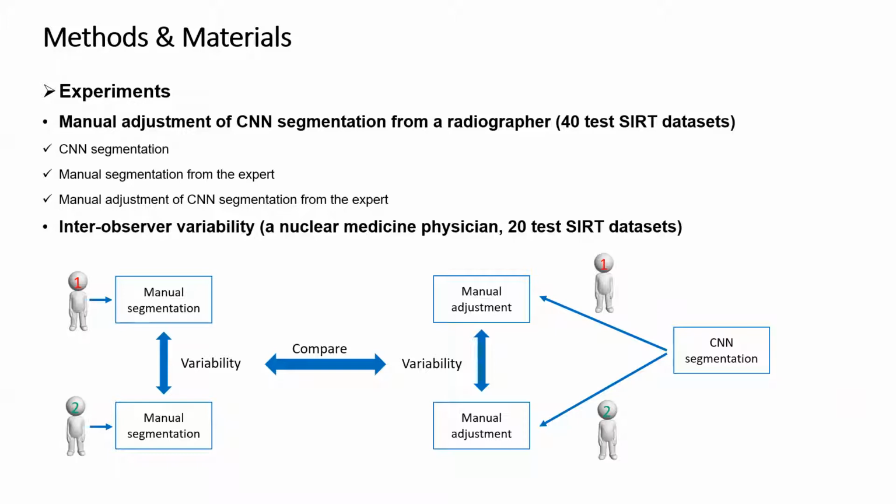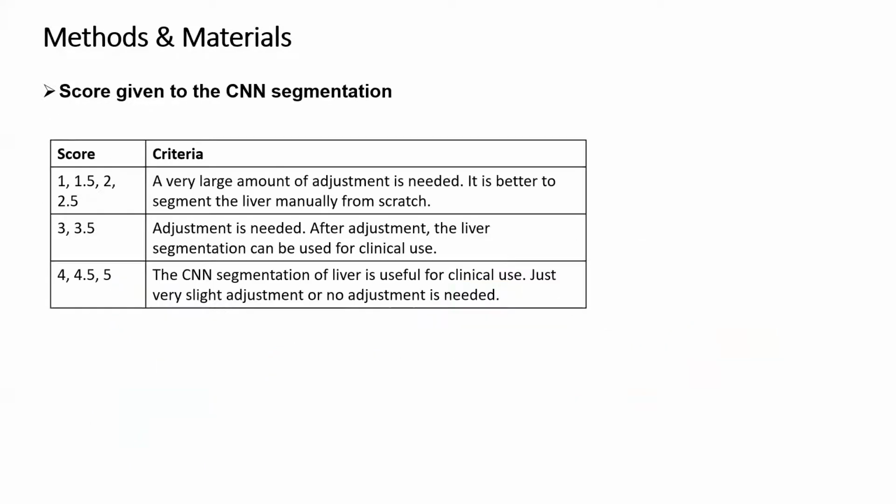After that, we randomly select 20 datasets and ask a nuclear medicine physician to manually adjust these segmentations. Then by comparing the variability between the manual segmentations from two experts and the manual adjustments, we can see if CNN segmentations can help decrease the inter-observer variability of segmentations.